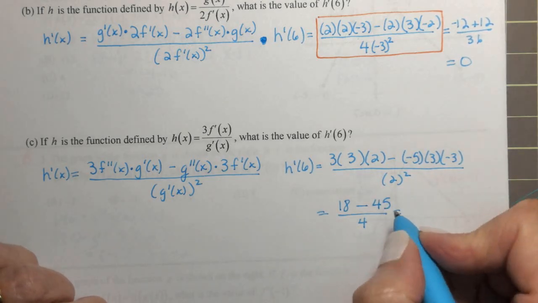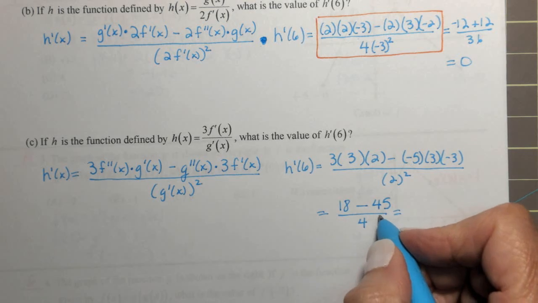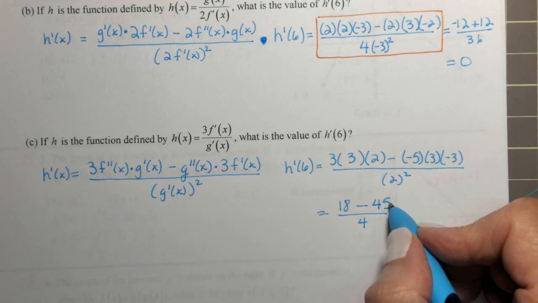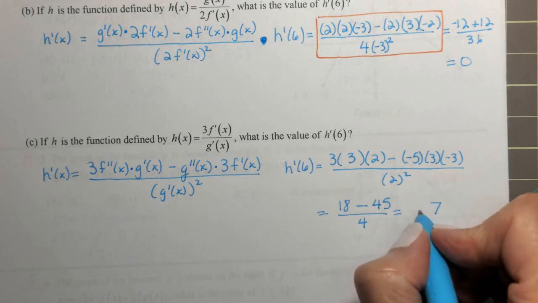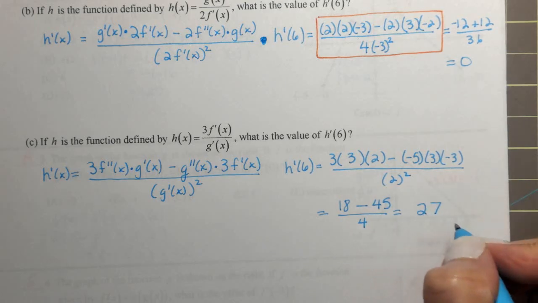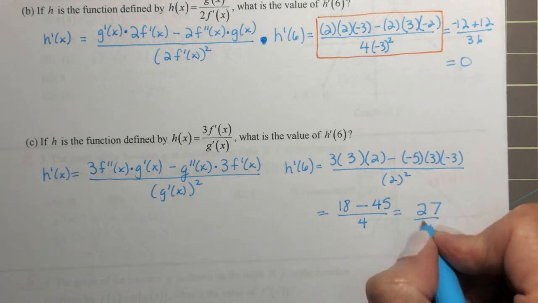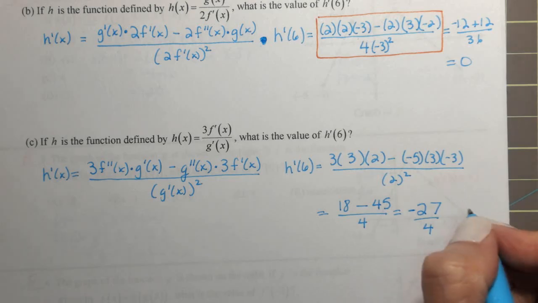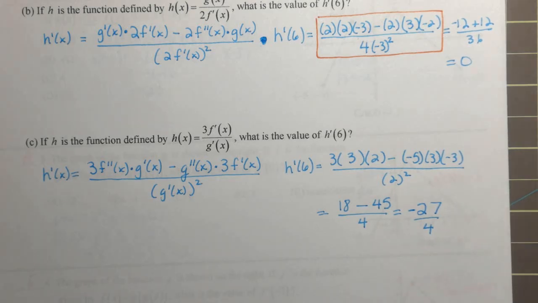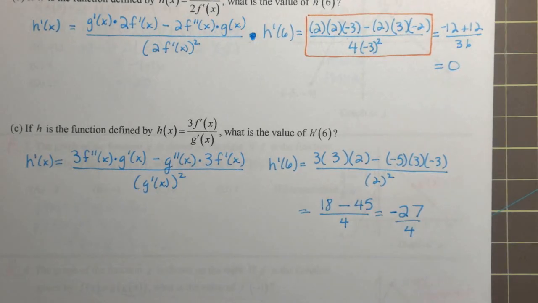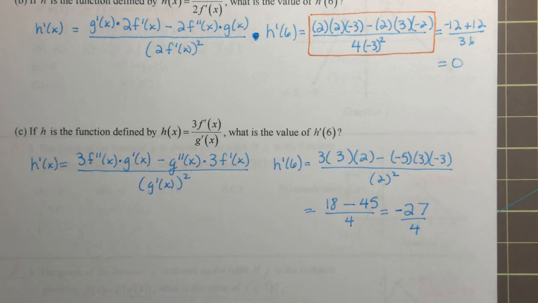Let's see, 18 minus 45. 18 minus 45, let's see, 15 and 7, is that 27? Is that right? I think so. Negative 27 over 4. Alrighty, so that is derivatives, product rule, quotient rule, chain rule, given the tables or graphs.